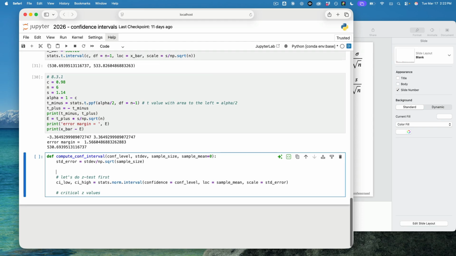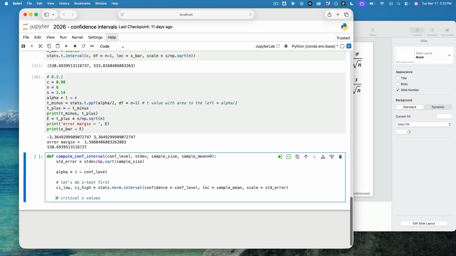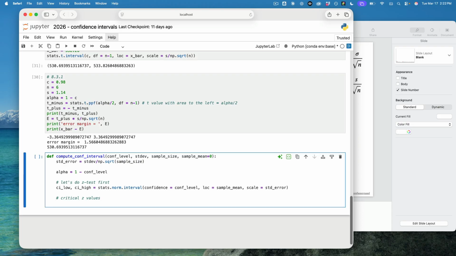And actually, I'm going to define alpha over here, equal to 1 minus conf level. Critical z values. So we can get the z minus, or z low, and that's stats.norm.ppf.